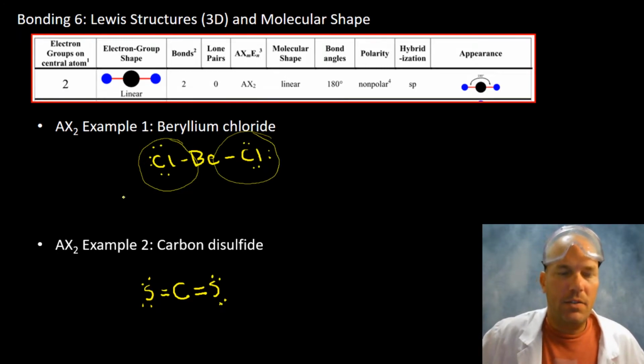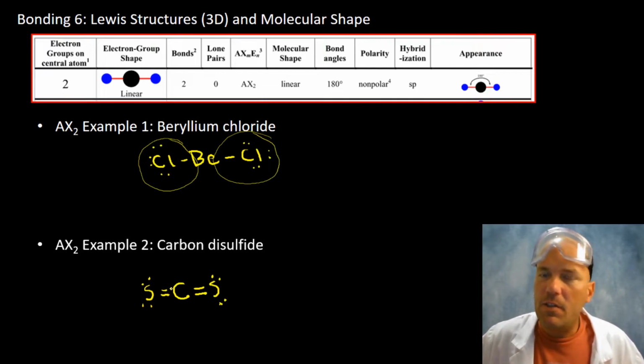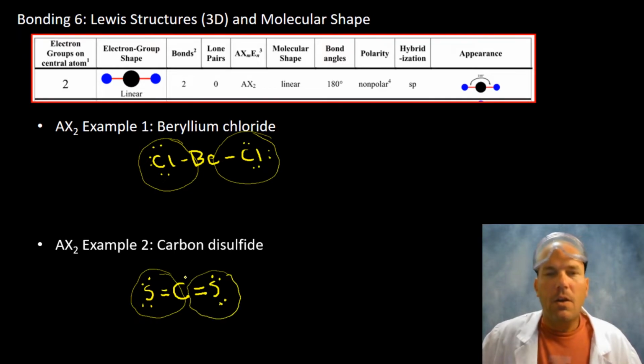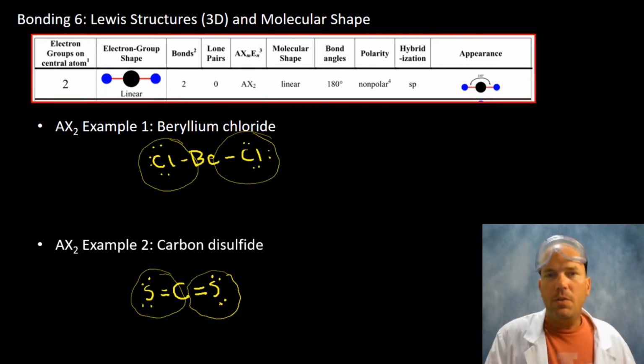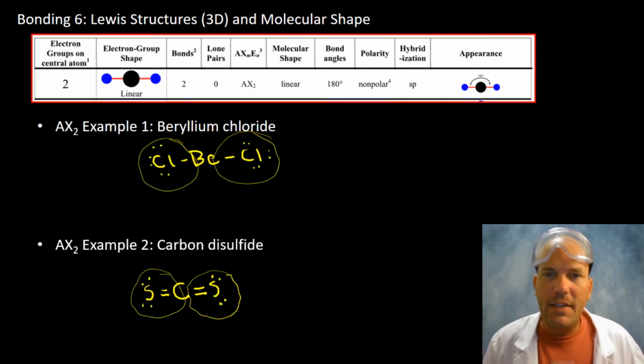Let's go ahead and count electron groups. Remember, it doesn't matter if it's a single, double, or triple. This is 1 group or cloud, and this is 1 group or cloud. And there are no lone pairs on the central species. So we have a total of 2 electron groups, which means this is, again, linear.